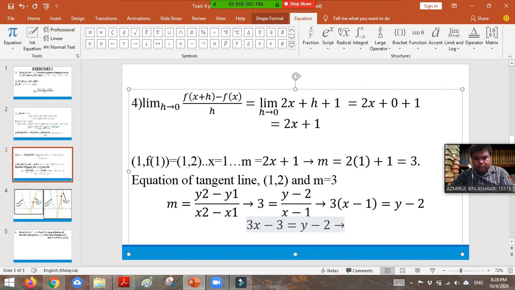It will become 3x minus 3 plus 2 equal to y.